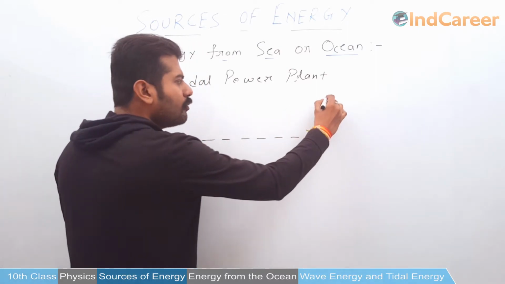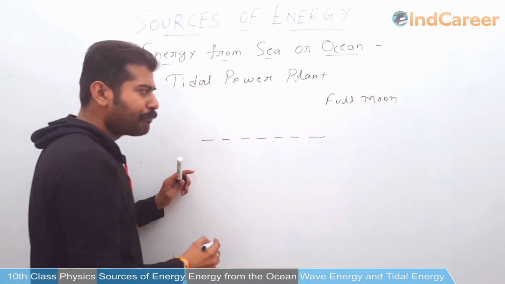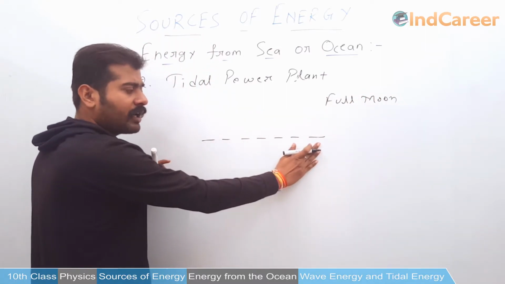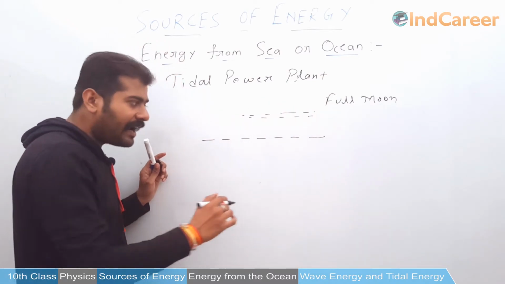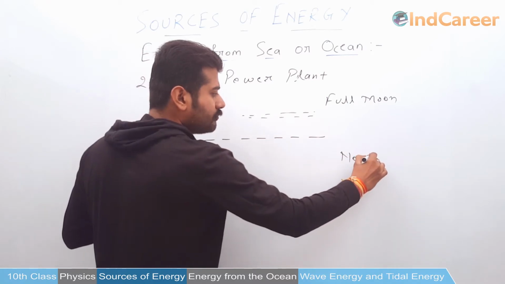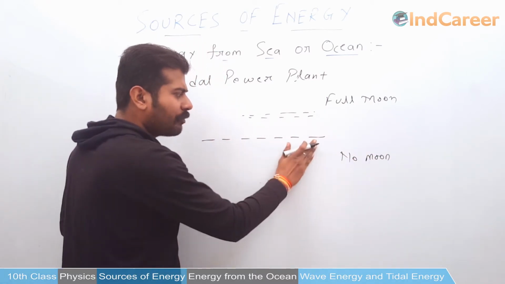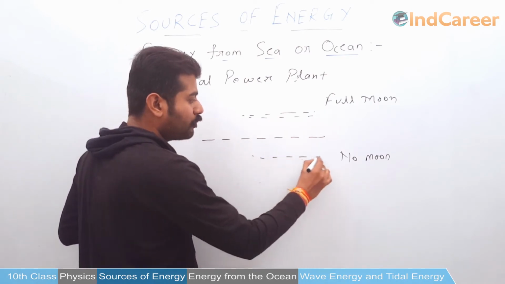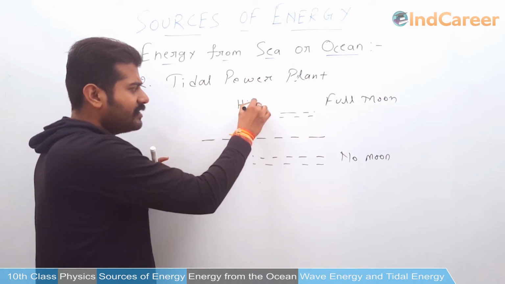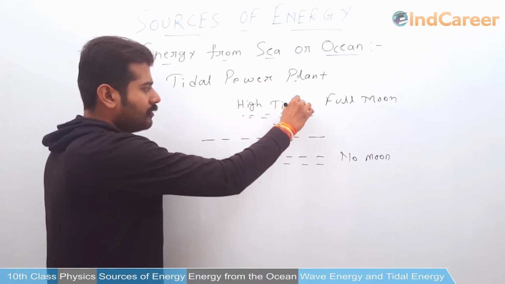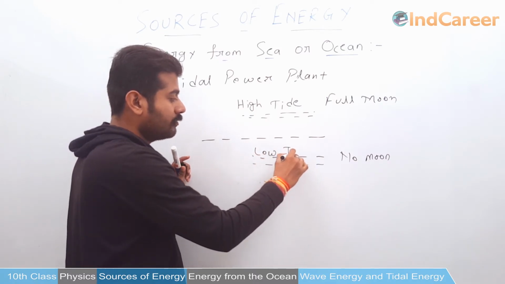On a full moon day, the water level of the ocean will be as high as this, and on a no moon day, the water level will fall up to this point. This is called a condition of high tide, and here we will have a condition of low tide.